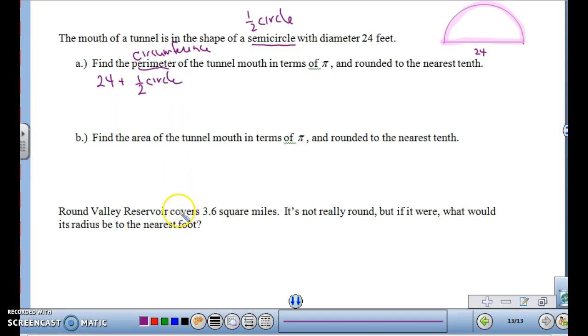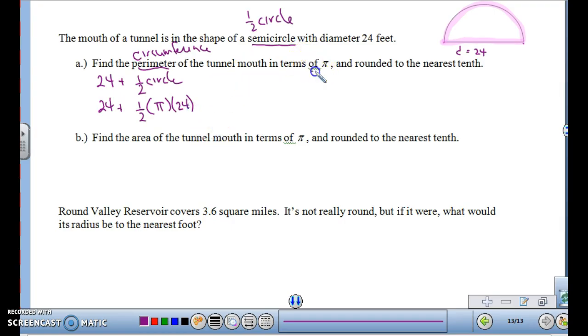We need to know what the half circle would be. This would be circumference because it's on the outside, and it's half a circle, so whatever the circumference is, we multiply it by a half. Since I have d is 24 here, I'm going to use pi d. So it's 1/2 times pi times 24.